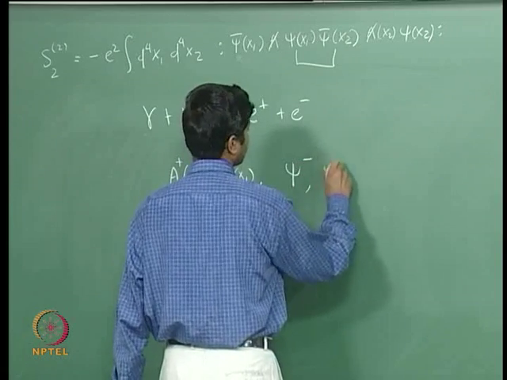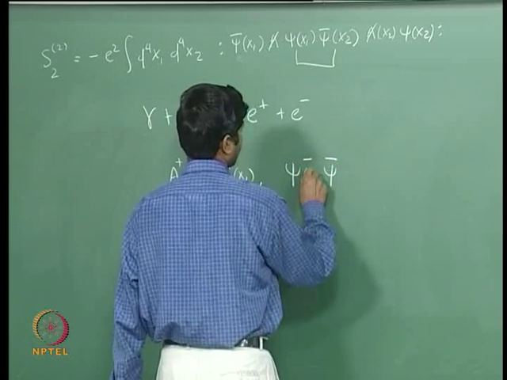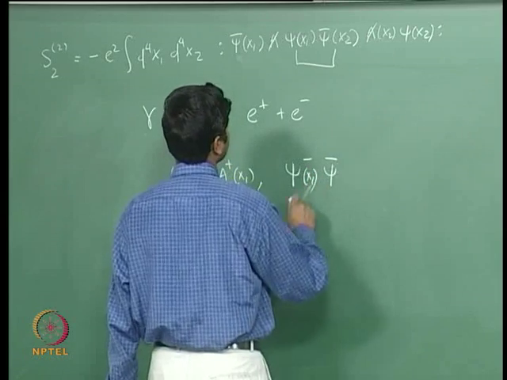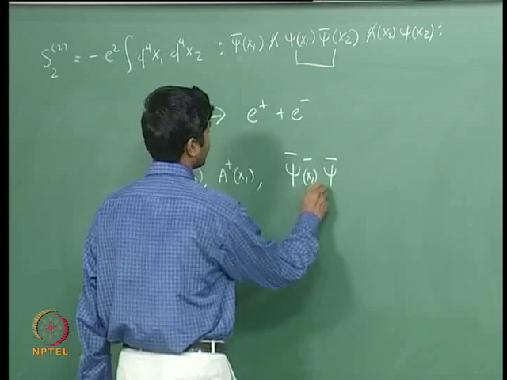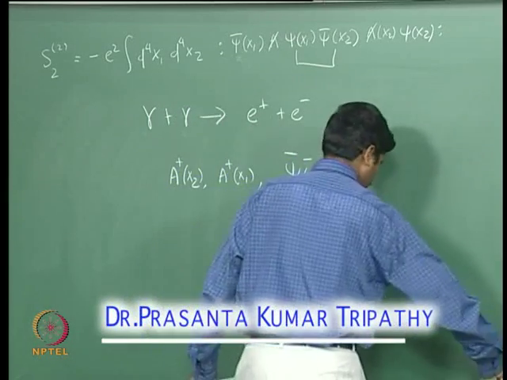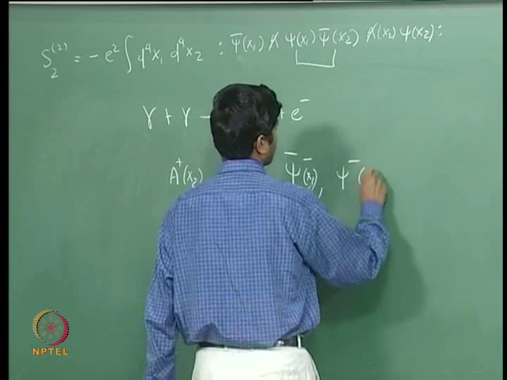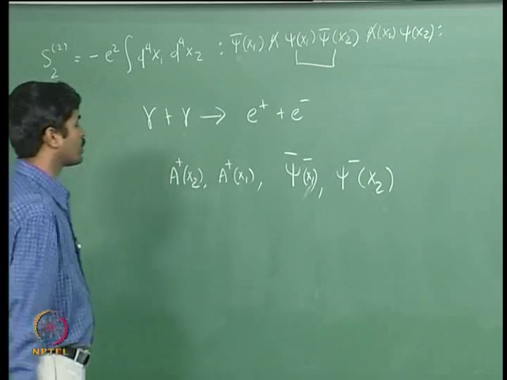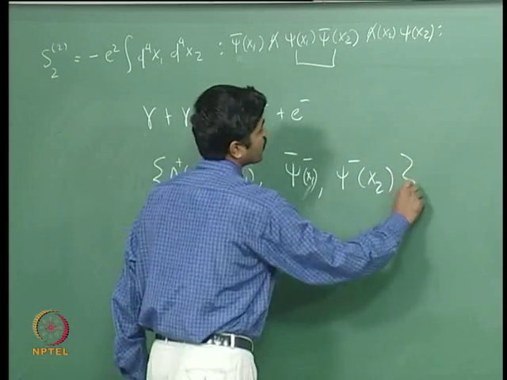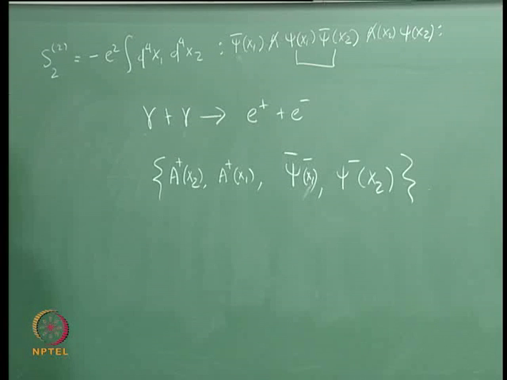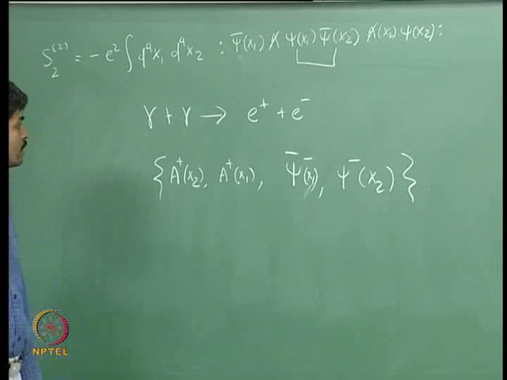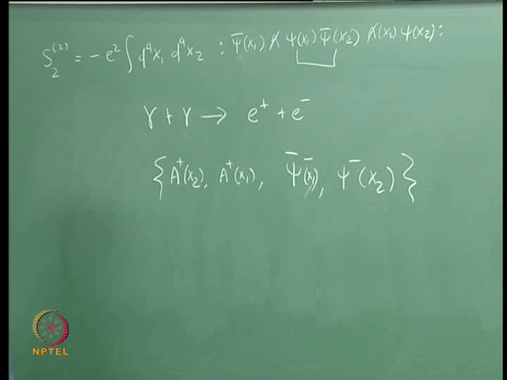You have psi bar minus of x1 and psi minus of x2. So it should contain this combination of operators, definitely. Is there any other combination of operators that is possible for this process? You can see and conclude that there is no other combination which is possible for this process.